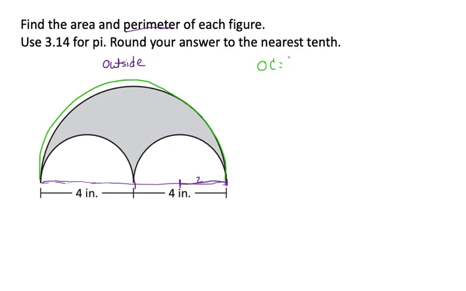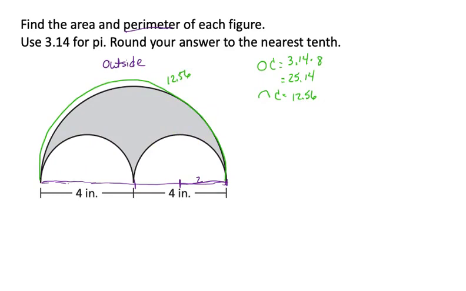That's pi times d, so 3.14 times the diameter, which is all the way across, so times 8. 3.14 times 8 equals 25.12. Now I only want the half circle, so I divide that in half, which is 12.56. So this part up here, just the green part, is 12.56.